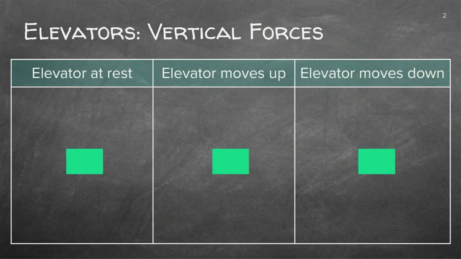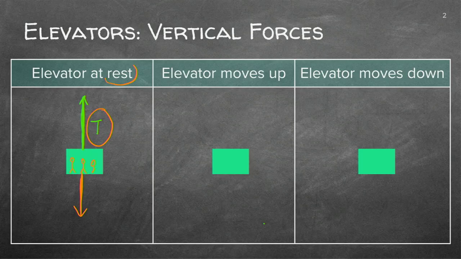So, firstly, if an elevator is at rest, you know there's a cable pulling it upward. Let's call it the tension, which is upward. But as in all cases, you'll also have the weight or the gravity pulling it downwards. And it's going to increase if I've got more people in there. So this cable up here has to be able to hold that elevator with people in it or boxes or whatever in position.